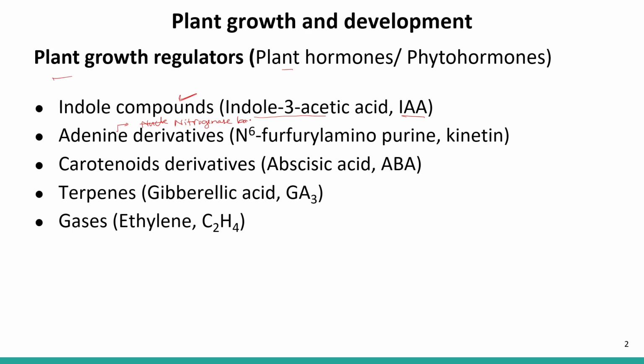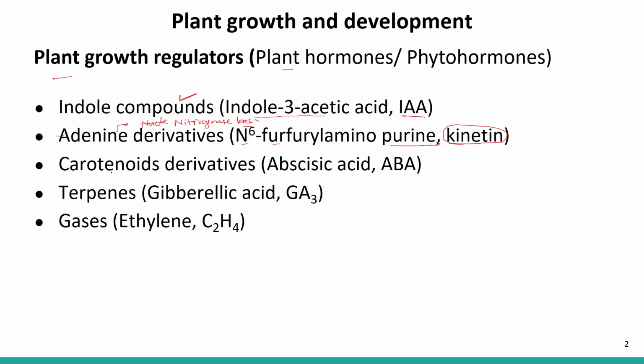You've seen adenine in DNA. We have adenine, guanine, cytosine, thymine. So example of adenine derivative hormone is kinetin. Kinetin is N6-furfurylaminopurine. This is known as kinetin.